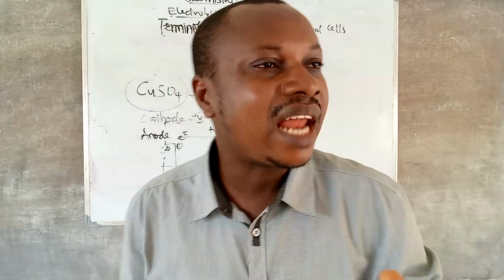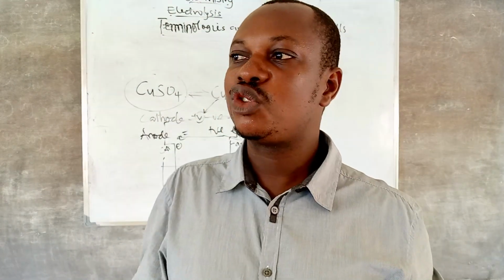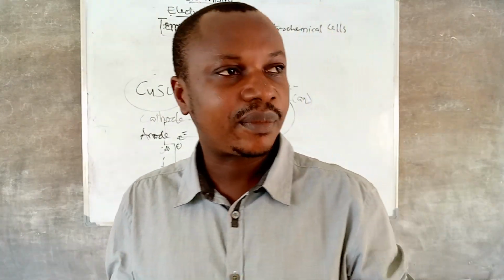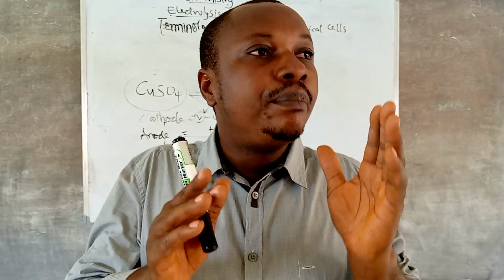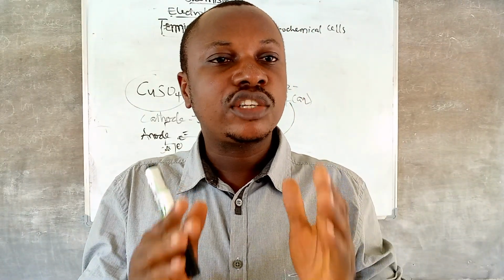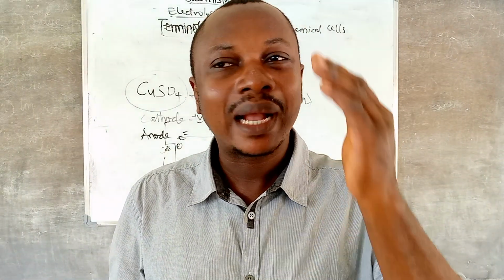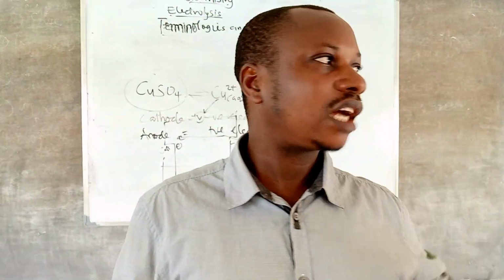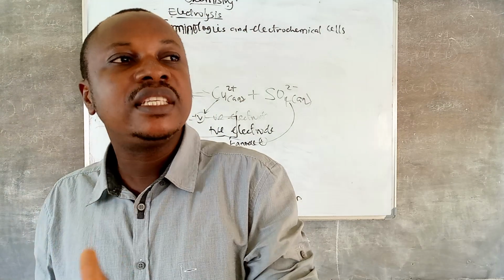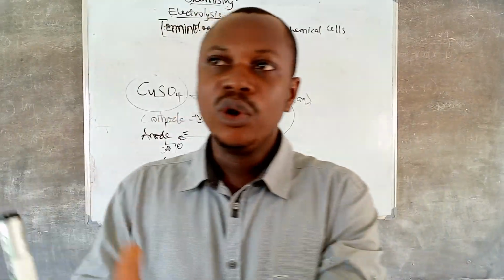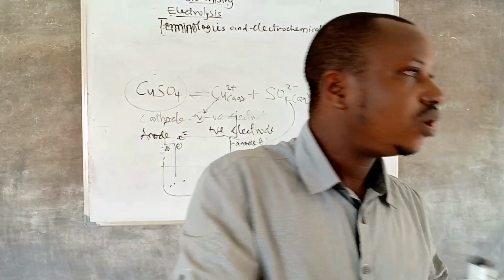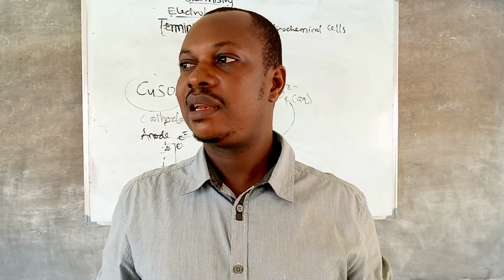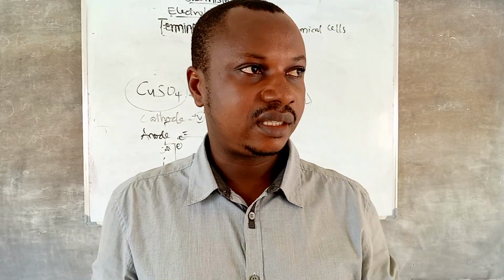Now, the similarities between electrolytic and electrochemical cells. In both, electrons will always flow from anode to cathode, no matter the sign, whether positive or negative.